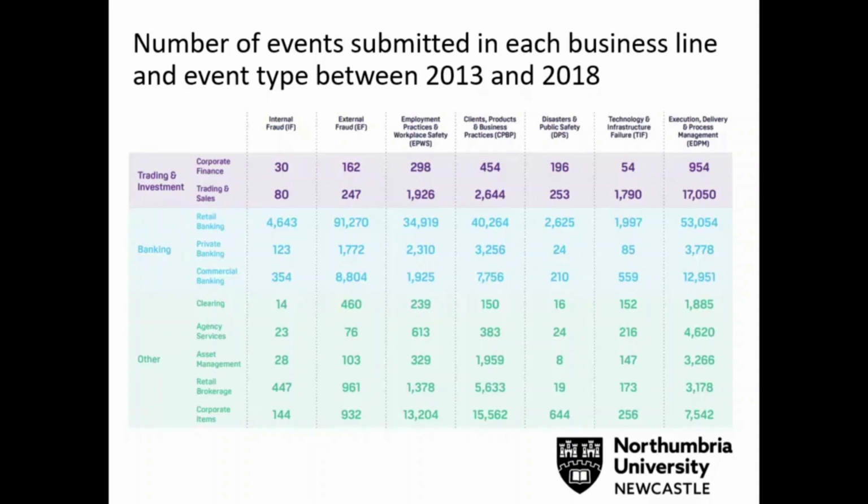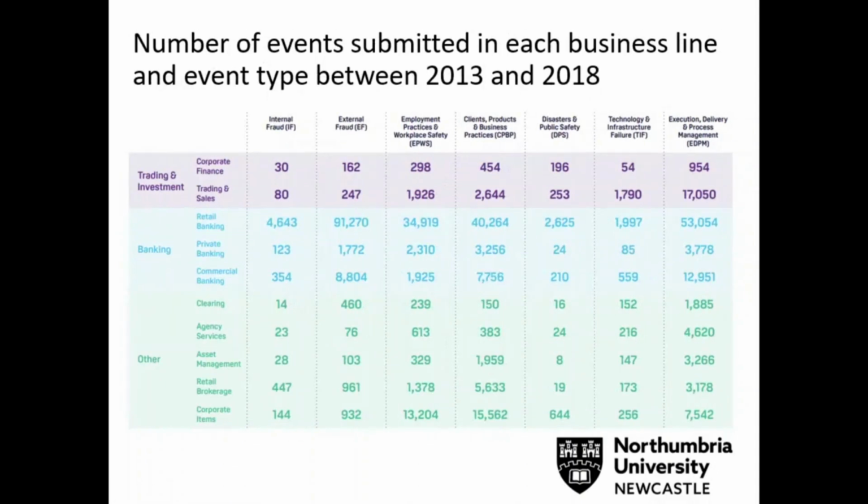Obviously, what you can see, the highest number really reflects in retail banking, where you have the likes of external fraud, client issues like money laundering, and obviously delivery and execution. So the retail banking sector really can face the most operational risk.